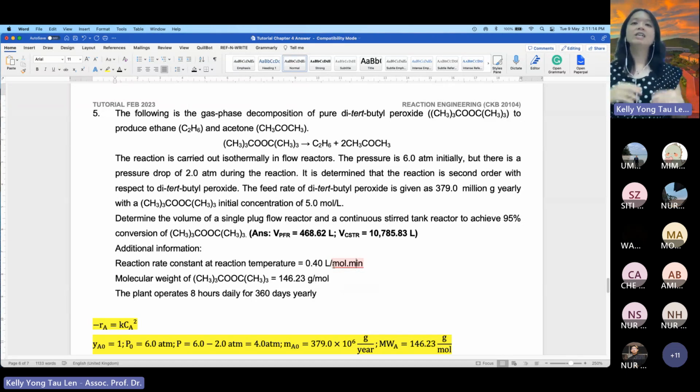So either way, either you decide, katakanlah kamu decide saya nak guna hour sebagai unit time kamu. Boleh, tetapi you must remember unit minute dalam K ni kamu kena convert juga kepada hour. Either you do that in your FA0 or you do this in the value of K. Tapi unit dia kena constant. Sebab tu saya kata cara paling senang, tengok unit daripada nilai lain, unit time dia ikut unit time tu kamu dah senang. Okay, so I will change from gram per year kepada mole per minute.